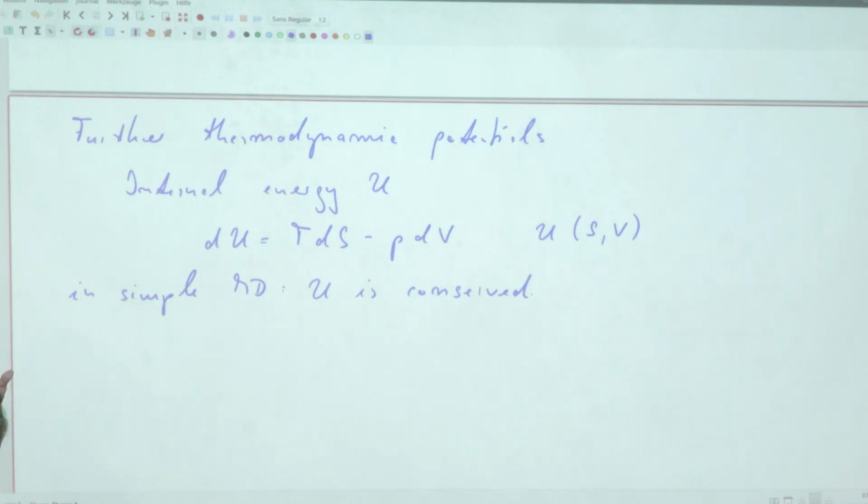You know, if I have a phase transformation, for example, there's a latent heat which can be released or taken up, which would change the internal energy. This is, in principle, not possible.